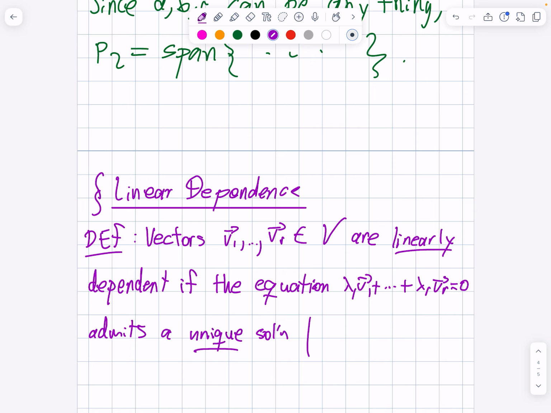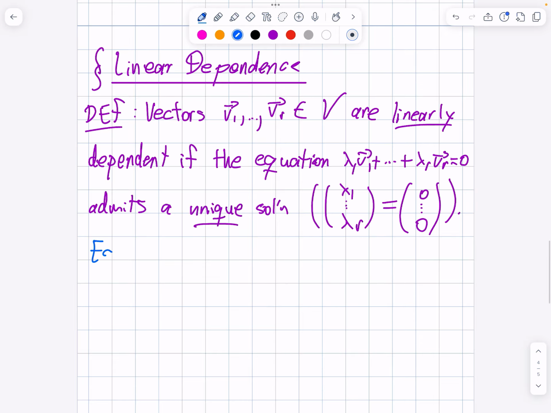Okay, and so of course it admits one solution. It admits the trivial solution where all the lambdas equal 0. So in fact, the unique solution would be this solution where all the lambdas are equal to 0. Okay, good. So that's the definition, and let's just go through some equivalent interpretations.